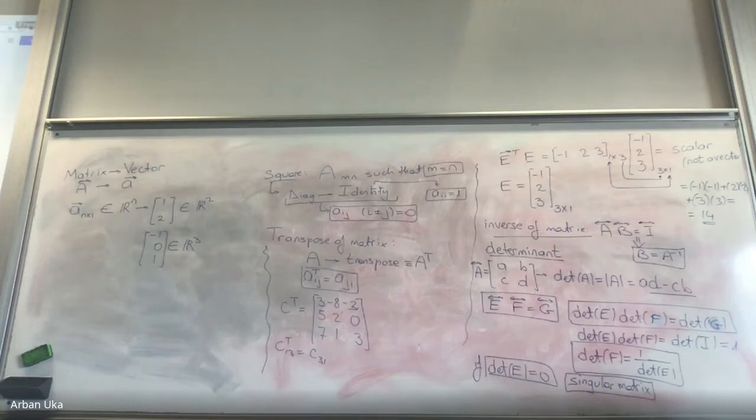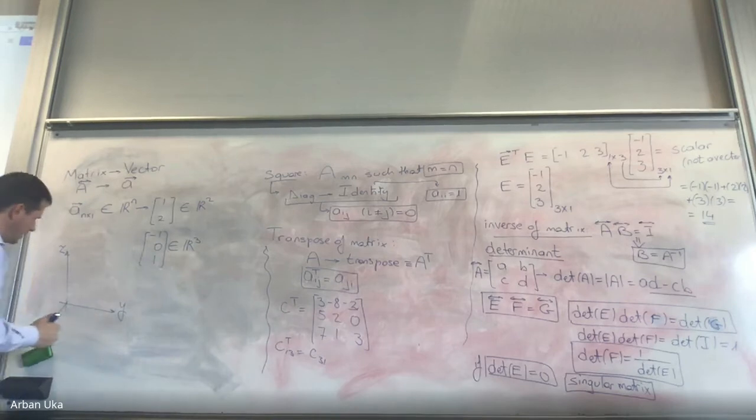Now, once we are working with vectors, in principle, we can identify them with respect to a reference. If we consider them in three-dimensional space, let's pick this vector, for example: minus 1, 0, 1.